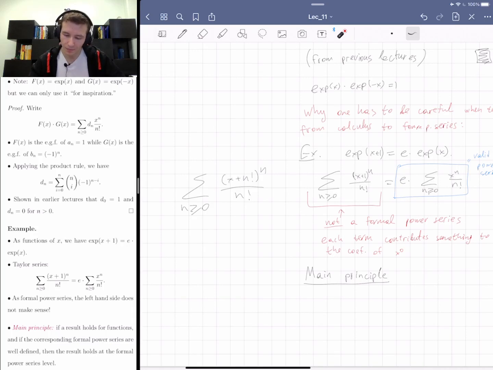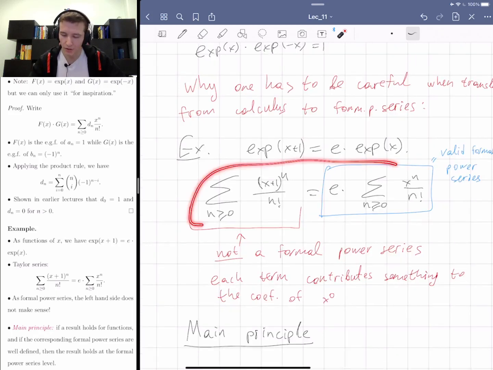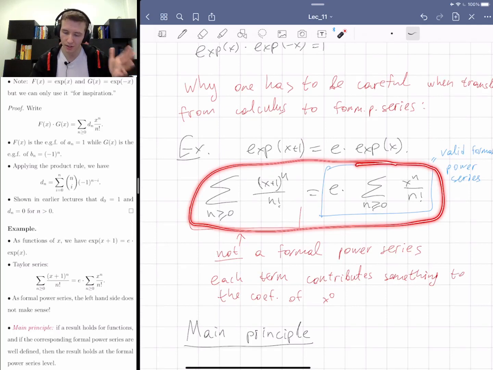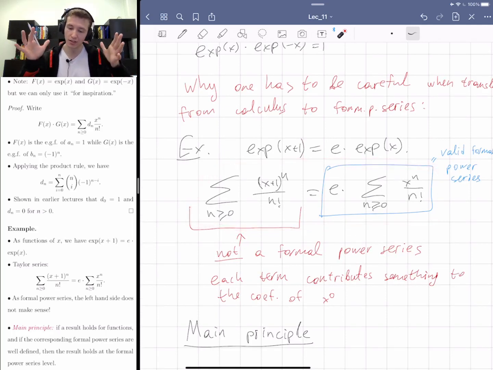Well, you mean the first statement or the second statement? Okay. The second one is correct as a statement about convergent power series from calculus. So in that context, it is mathematically correct. In the context of formal power series, it is not well-defined, it's not even a statement, because the left-hand side is not an object that we consider.